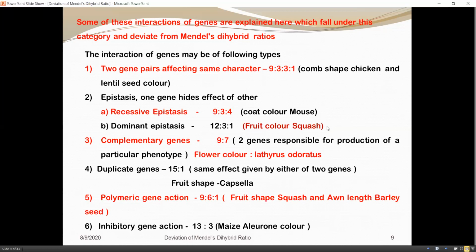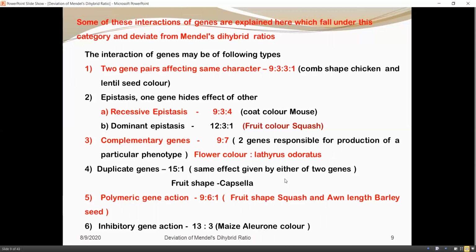Fruit color in squash. Complementary genes: in this case, both the dominant alleles of two genes are responsible for a trait, and one dominant allele complements the other. Example is flower color in Lathyrus odoratus. Duplicate genes: the ratio is 15:1.